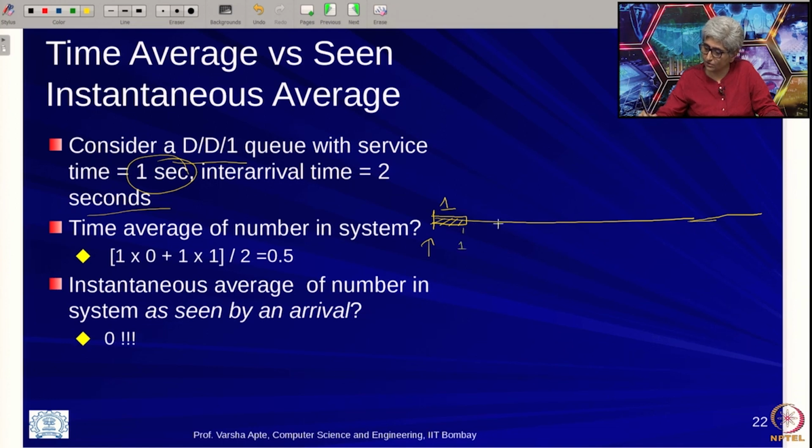The next arrival we know is not going to happen until time 2. This is where the arrival is going to happen. Now, the server will again be busy. Now, the next arrival is going to happen here at 4. Okay. Then again the server will be busy, and now the next arrival is at 6.